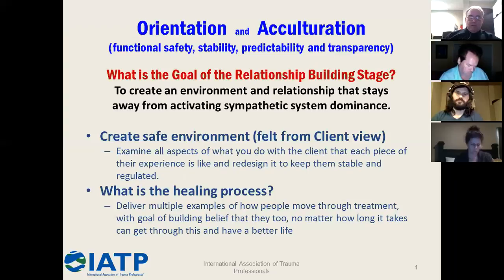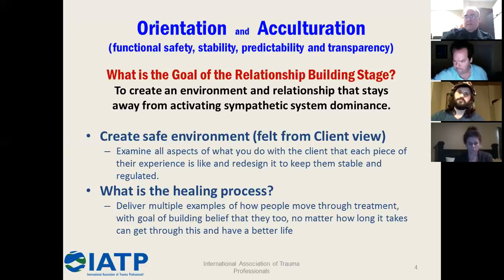So let's begin to look at that. As the client has contact with us, what are some of the things that are most likely to activate their already aroused system, to put that system that's already on guard and on alert fully alive in its threat awareness?